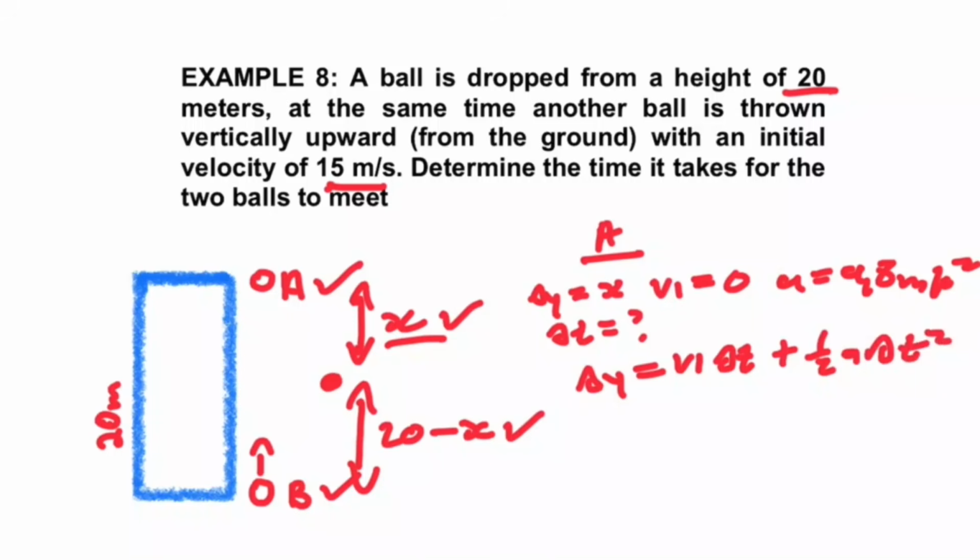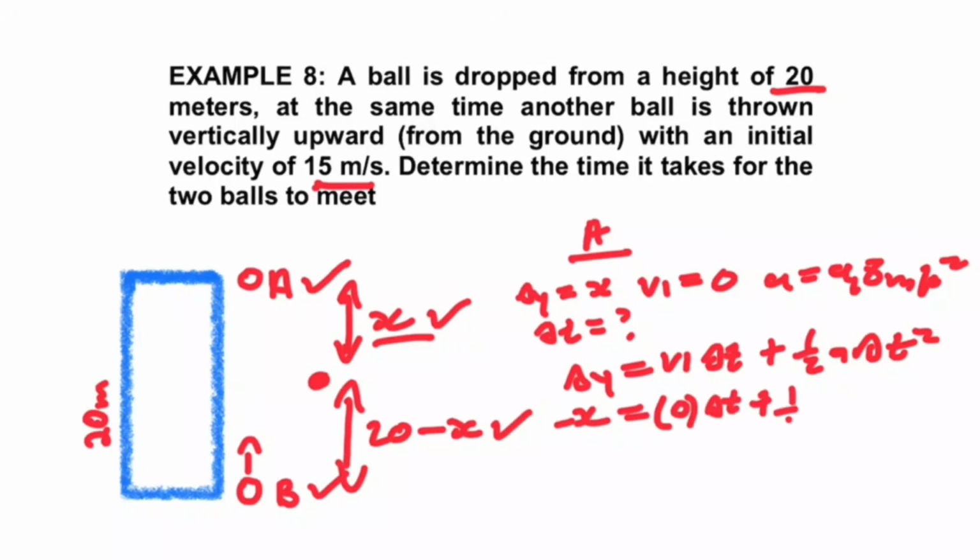So delta y is x meters, right? If we take up as positive, then that should be minus x, equal to Vi multiplied by delta t. Vi is 0 multiplied by delta t, plus a half, and the acceleration is minus 9.8 delta t squared.